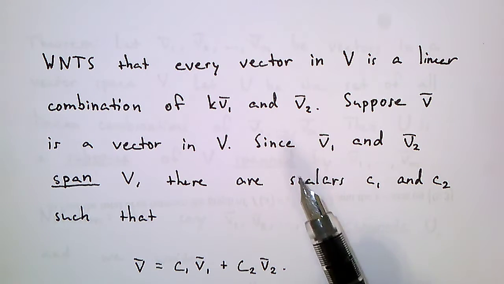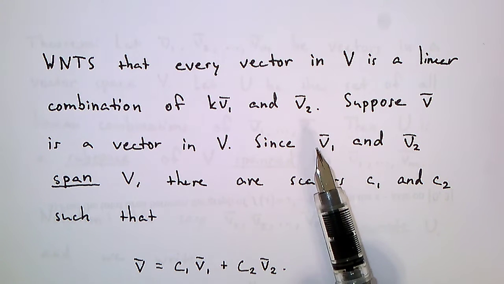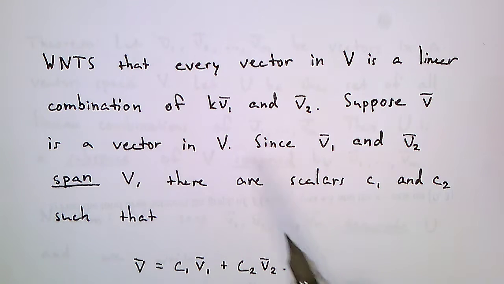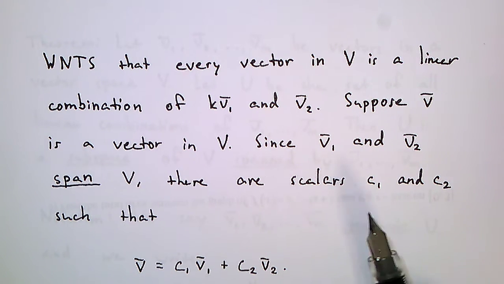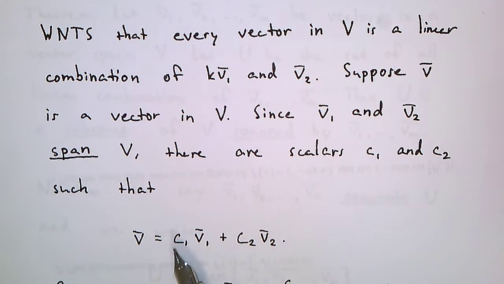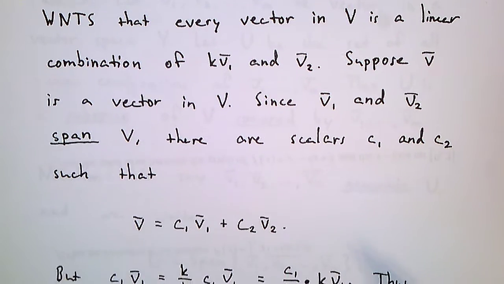Let's go back to what we know. Since v1 and v2, so I've dropped the k, the constant multiple, since these two vectors span the vector space V, then there are two scalars, c1 and c2, that satisfy this equation. So v is a linear combination of the two original vectors.